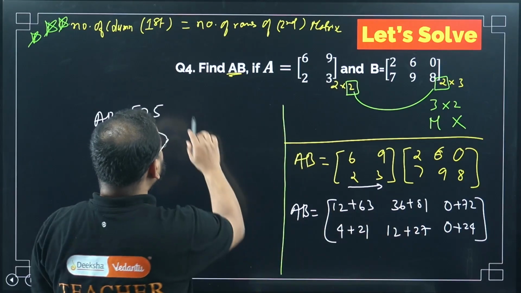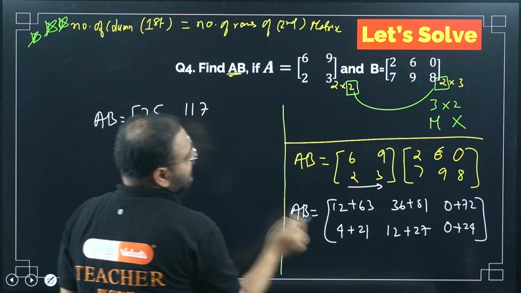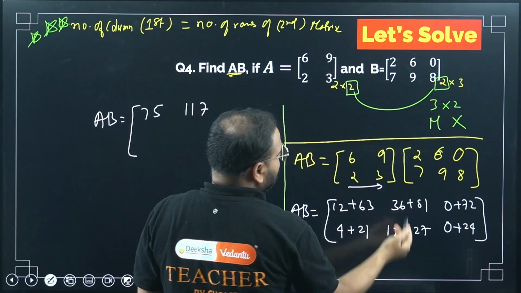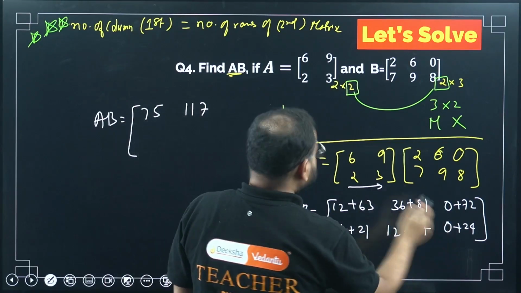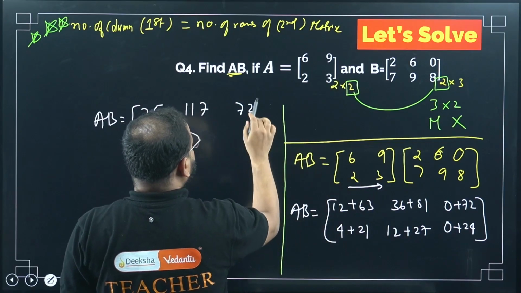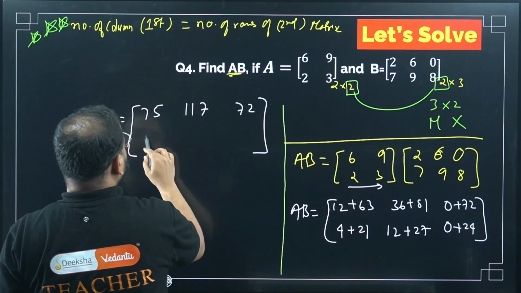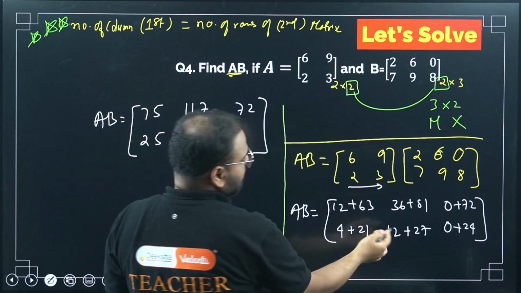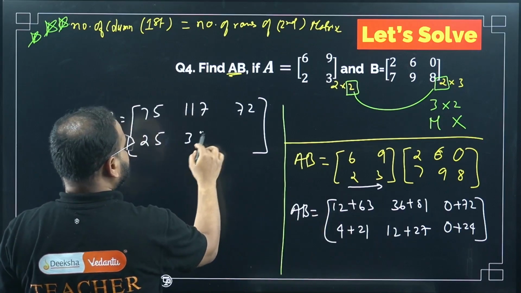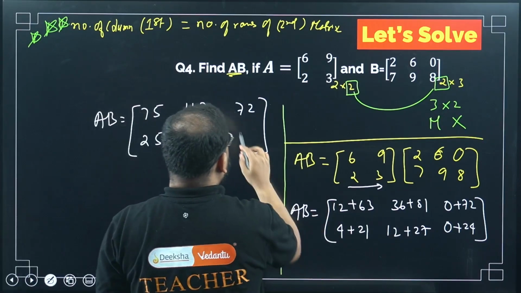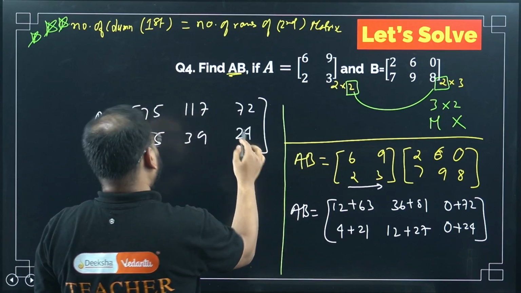So 117, I think. Please check. 6 plus 1, 7. 8, 3, 11. Correct. This is simply 72. Okay, what about this? 4 plus 1, so 5, so 25. Okay, 9 and 3, so 39. Please check. Okay, this is simply 24. All right. Okay, this is my answer.